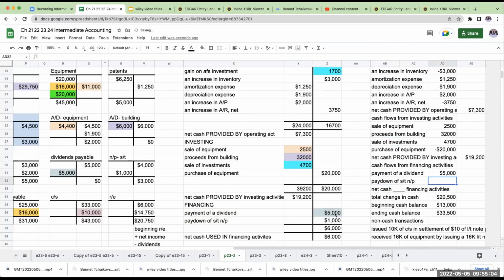Over here, this is going to be a negative 5,000. And this is going to be a negative 1,000. So over here, net cash used in financing activities is going to be a total of 6,000. When I add up these three amounts, this is going to give me, well, not that blue one over here, 20,500.